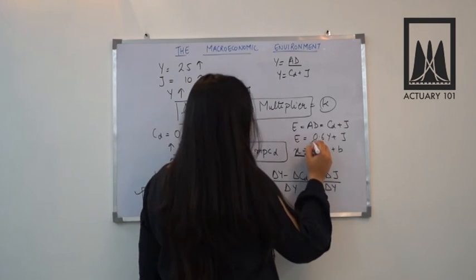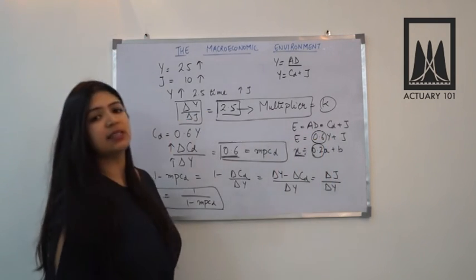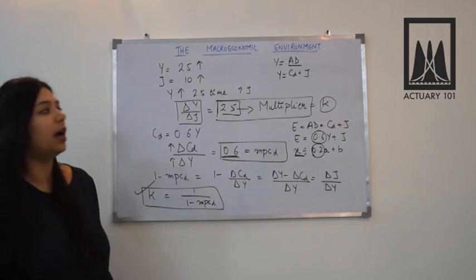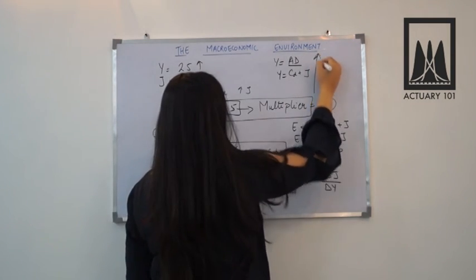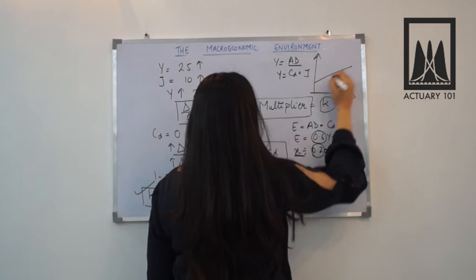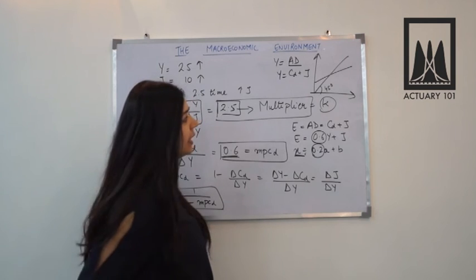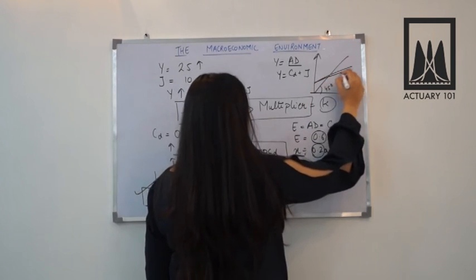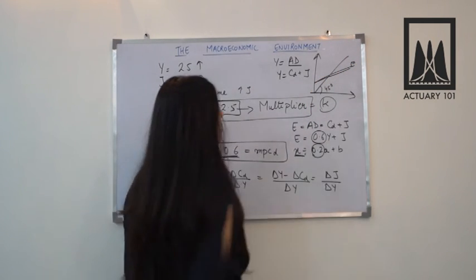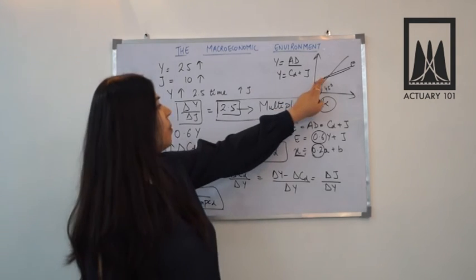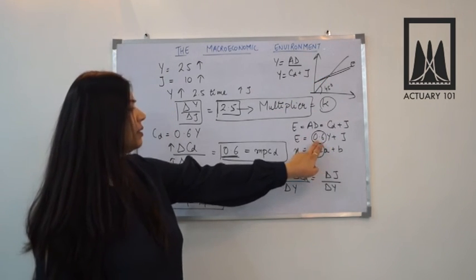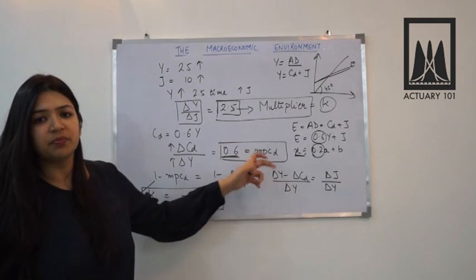So we can also say that 0.6 is the slope of the aggregate demand curve that we draw in the diagrams. We know there is always a 45 degree line, and for the curve that we draw for E, the planned expenditure, the slope of this curve is given by this MPCD.